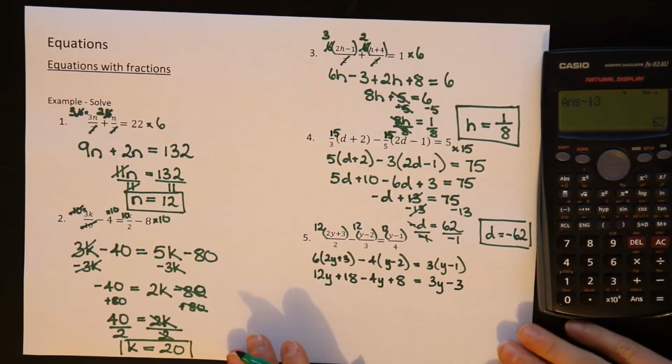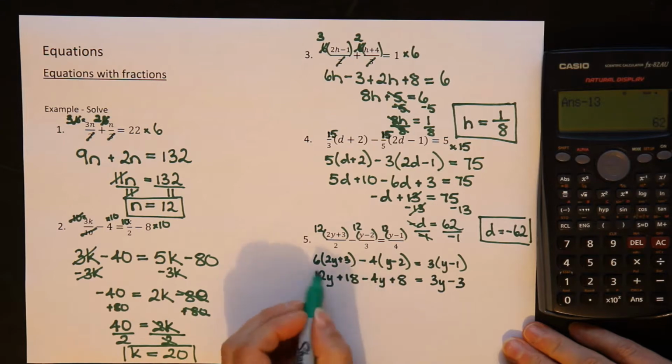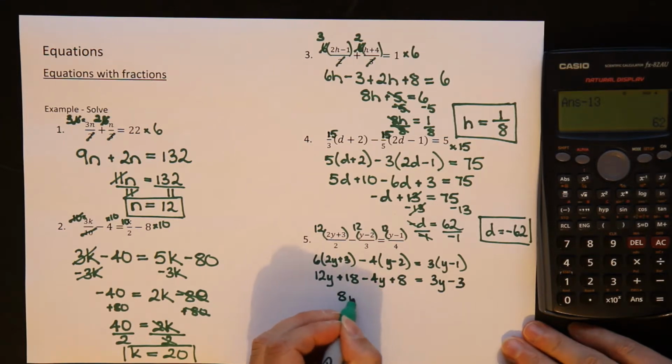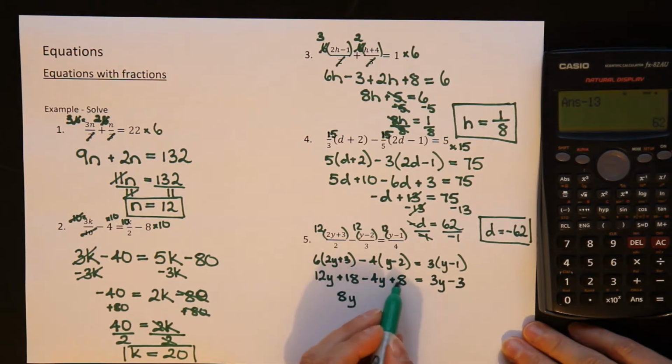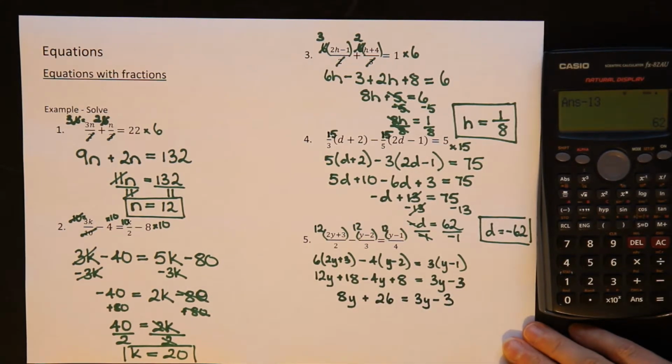Collecting up like terms, 12 minus 4y is going to be 8y, and 18 plus 8 is going to be 26. Okay, then we have, if we're just writing the 3y minus 3 down again, pronumerals on both sides.